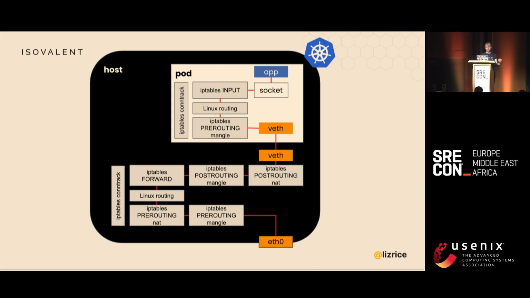So if I have a packet that I want to send to an application inside the pod, it arrives at the Ethernet connection on the host, it goes through the whole host networking stack to this virtual Ethernet connection, and then it goes through the networking stack again, but inside the pod's network namespace before it reaches the application.